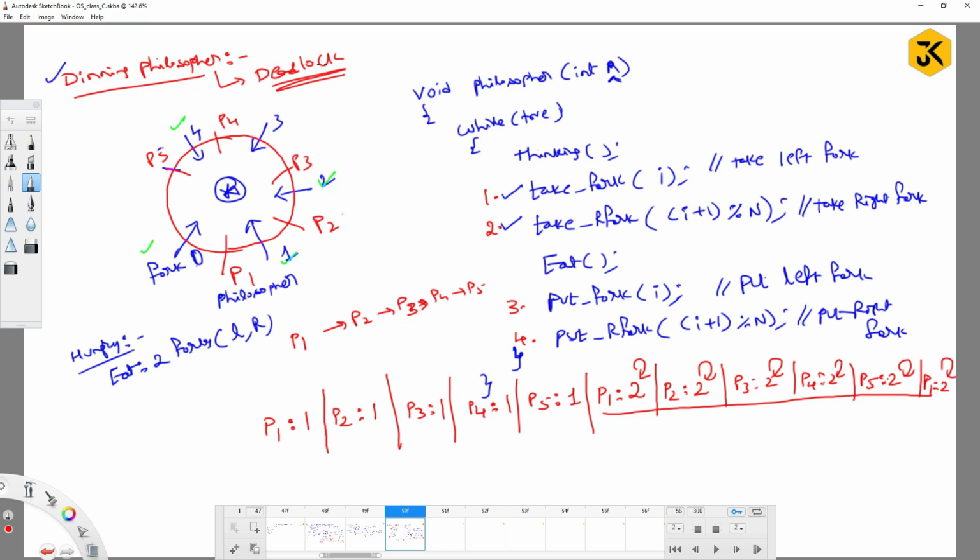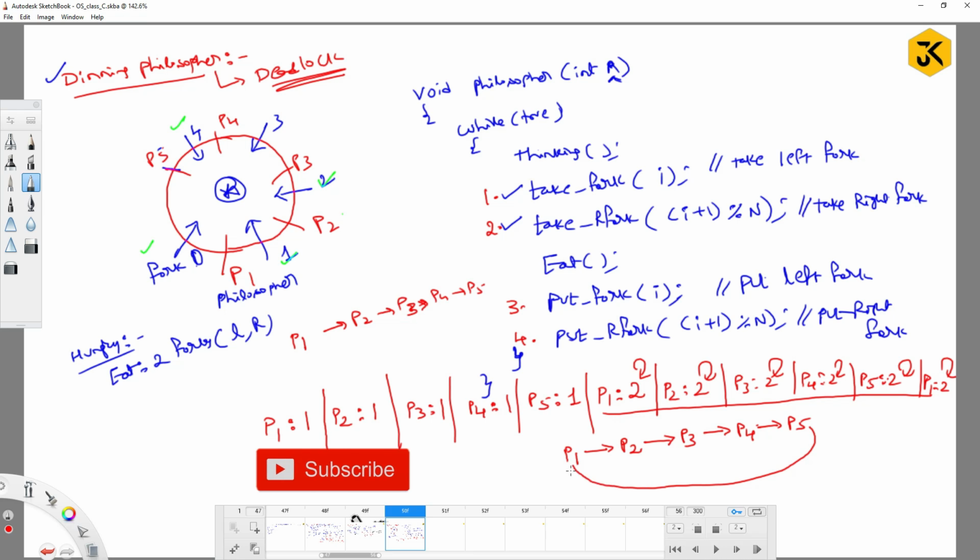So what happened here? P1 has one resource and is waiting for the P2 process to release its resource, and P2 already has one resource and is waiting for another resource from P3. P3 has one resource and is waiting for P4. P4 has one resource and is waiting on P5. P5 has one resource and is waiting for P1 to release its resource. And this is a kind of loop.